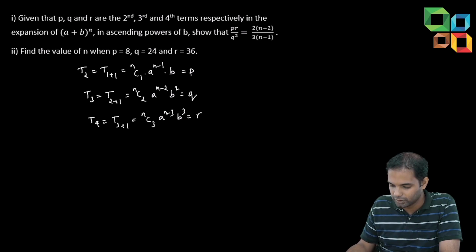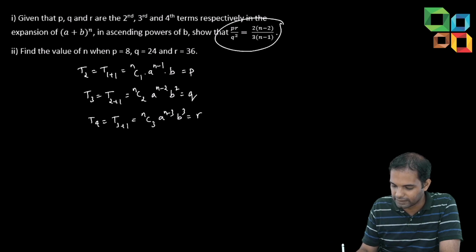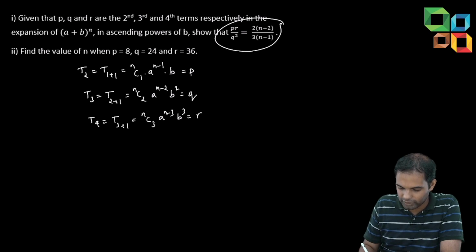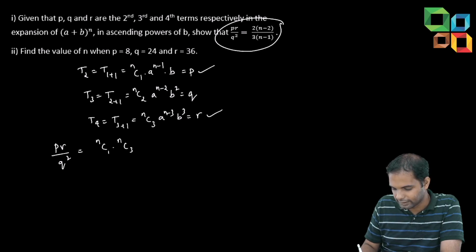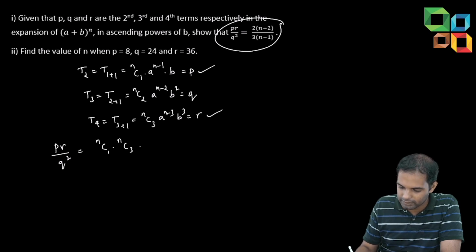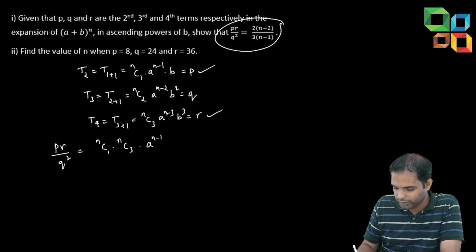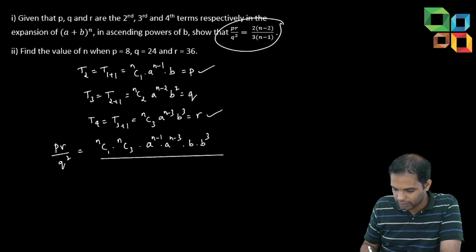Right? Now I just have to check for this result. Let me take what is given there, PR by Q square, and see what I get. I have to evaluate PR by Q square. What is PR? Product of these two. So it is NC1 into NC3 into, let me combine the A powers, A power n minus 1 into A power n minus 3, into B into B cube. Denominator, Q square.